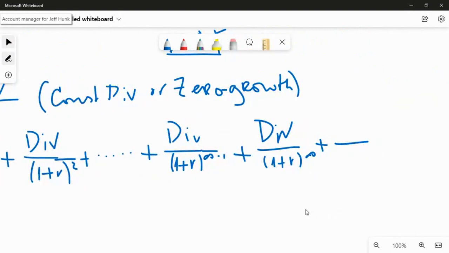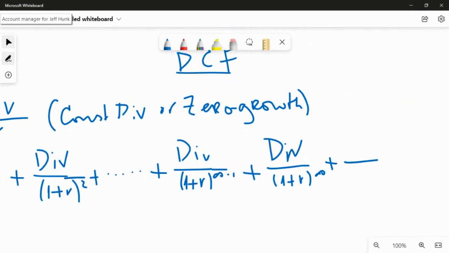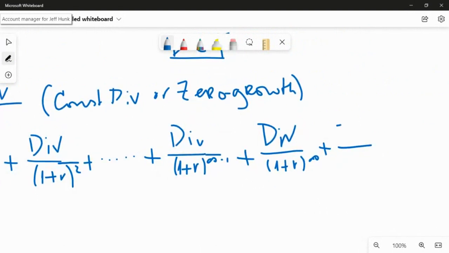And I told you, even at that infinite point in time, there will be a price of the stock at that infinity.